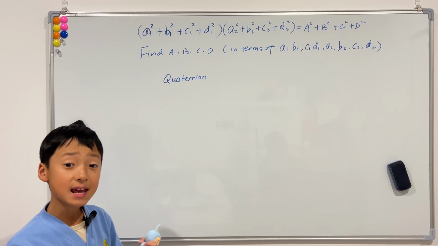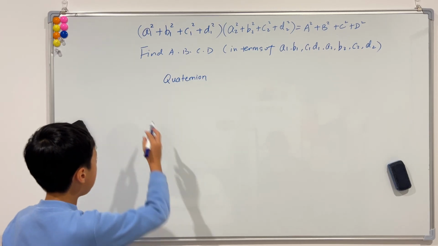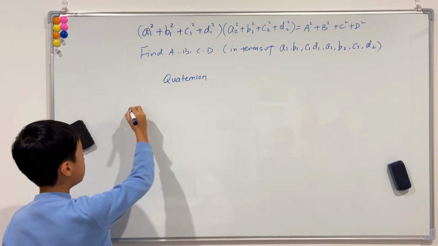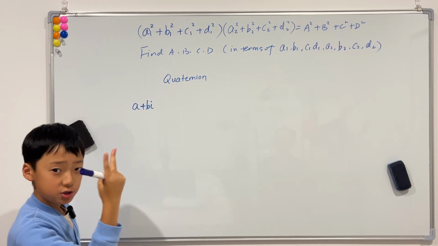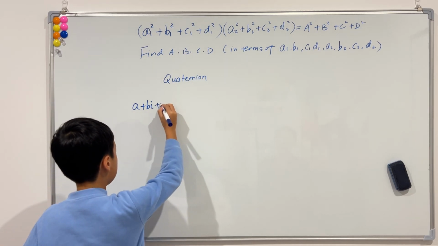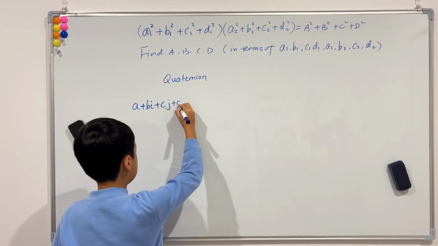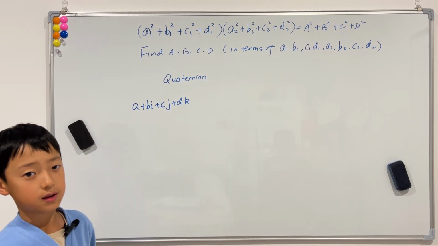But the layout is really similar to a complex number. If a complex number is a plus bi in 2 dimensions, then we just add 2 more dimensions by adding cj and dk. So this is an example of a quaternion.